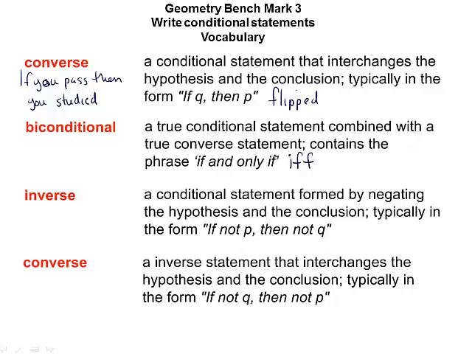It's like extra if. You just have to write IFF, and mathematicians will always know what you mean. You don't have to actually write out all the words. Our statement can't be a biconditional because we found a counterexample. You studied, but you didn't pass. So it's false. Both statements have to be true.